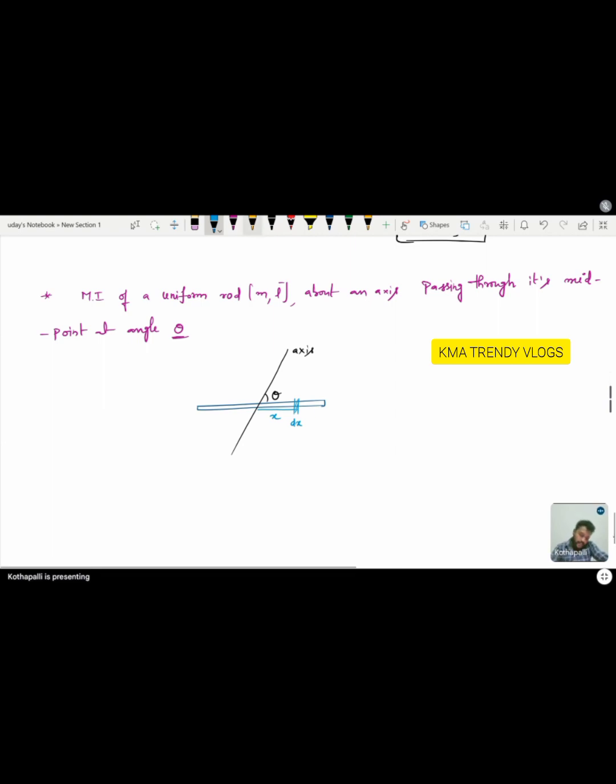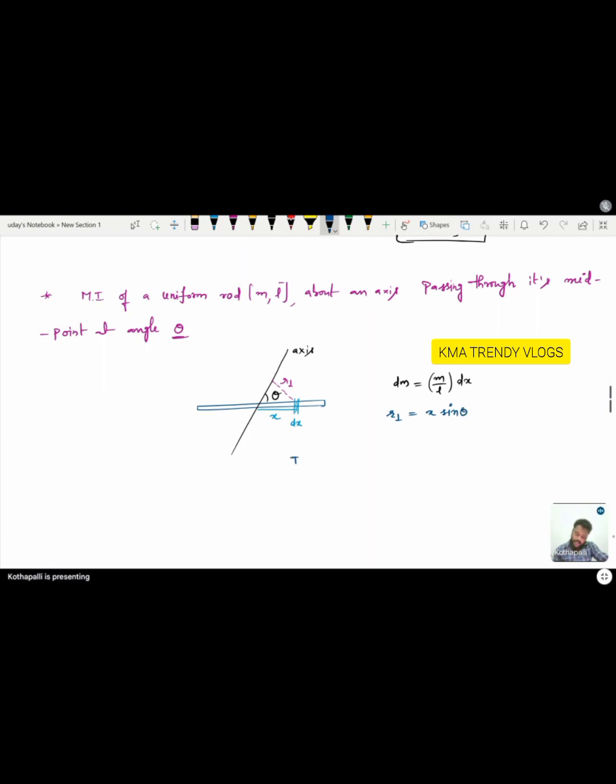And the perpendicular distance of this dm will be like this. This is our perpendicular. We already know the dm value we calculated in the previous case is m by L into dx, and r perpendicular is x sine theta.